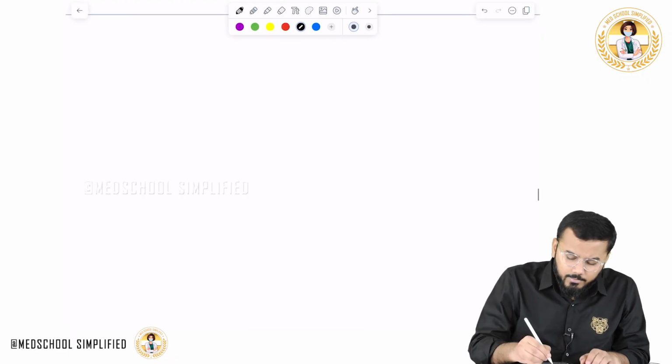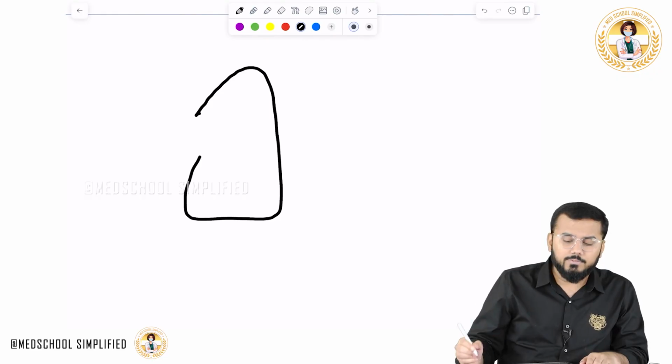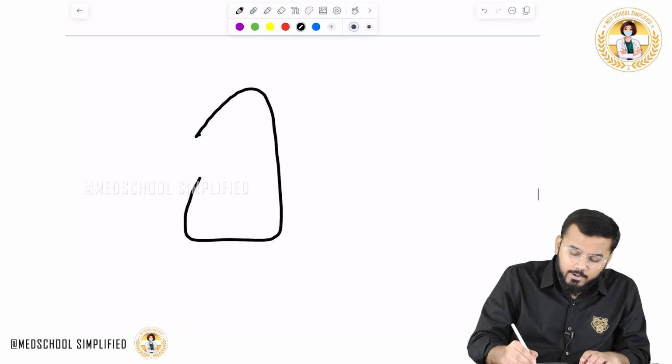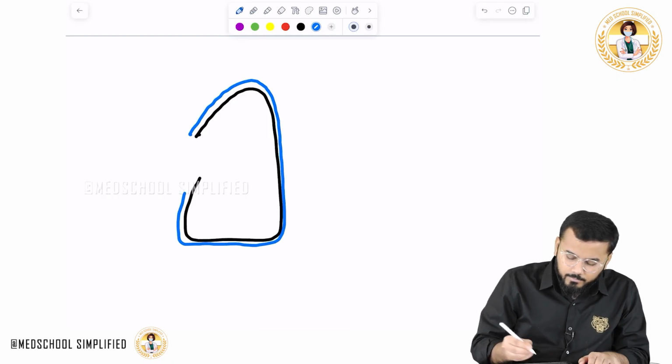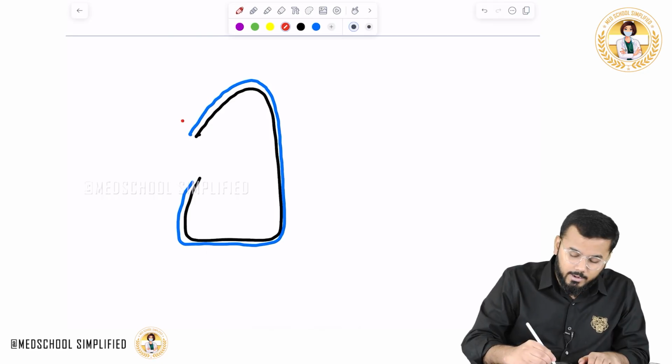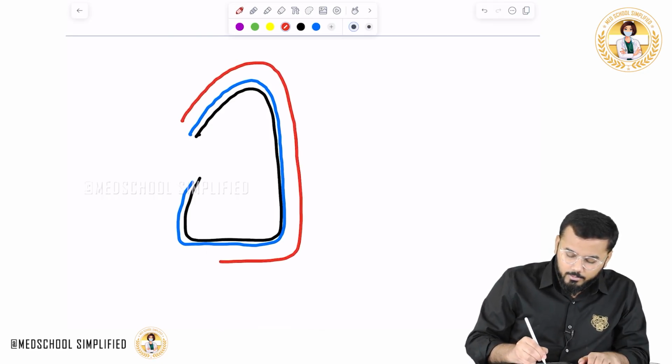For example, let us say this is the surface of your lung. All of you know that this pleura which I'm drawing right now is your visceral pleura. And this pleura over here is your parietal pleura.